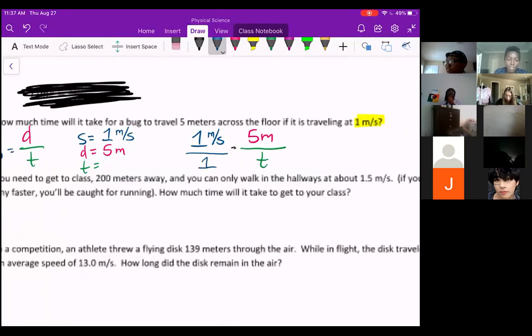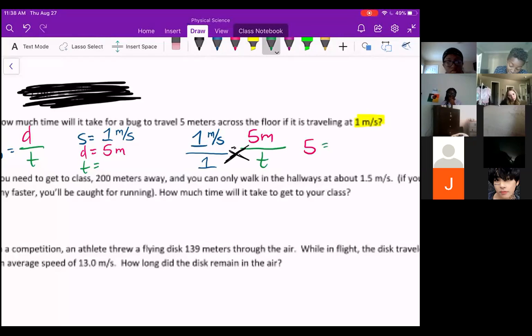Because any big number is the same thing. 1 divided by 1 is 1. 6 divided by 1 is still 6. So now I'm going to cross multiply. I'm going to multiply these two numbers and these two numbers. What's 5 times 1? 5. And then 1 times T is equal to T.